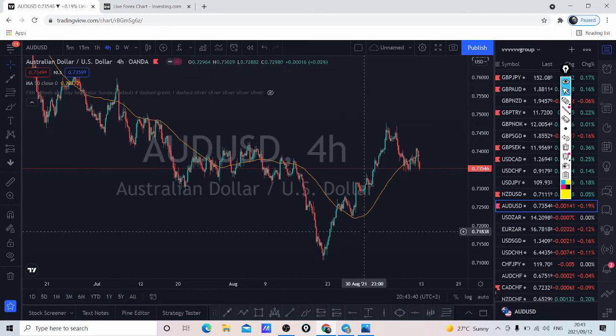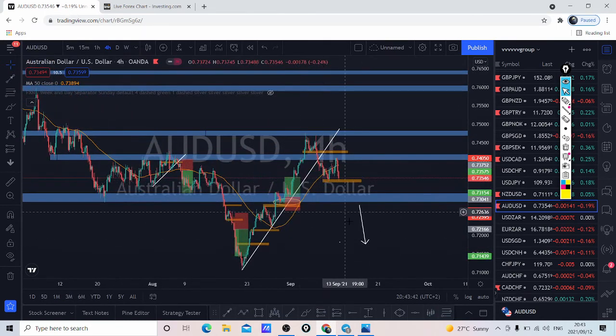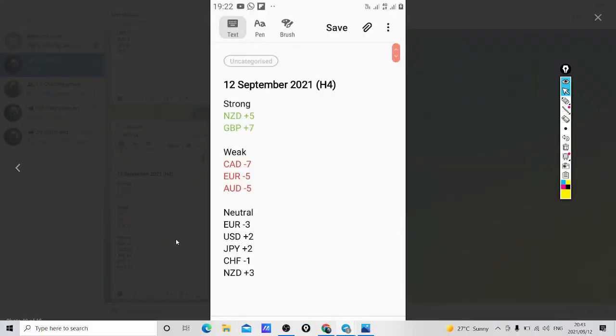AUD USD. Here I'm expecting a sell. Let me explain why. Looking at our correlation numbers here, AUD is weak with -5. That means AUD is selling, and then USD is now neutral, but at the same time it's trying to go up just a little.